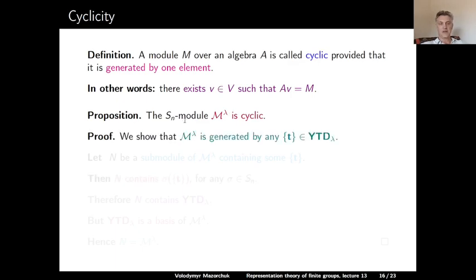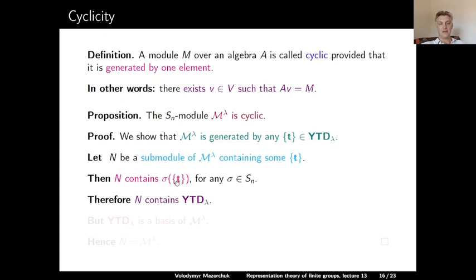In order to prove this, we show that the permutation module is generated by any Young tabloid. So let us fix some Young tabloid {t}, an element from YTD sub lambda. Let N be a submodule of M lambda containing this {t}. Then, of course, N must contain sigma of {t} for any sigma in Sn.